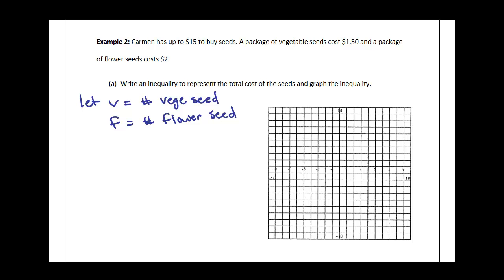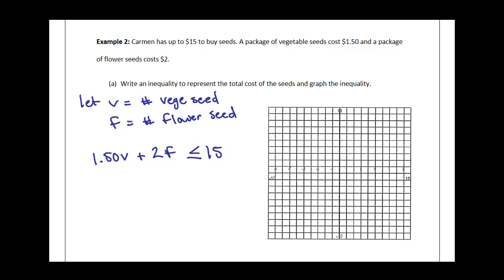It's saying we have up to $15 to buy seeds, so it has to be less than or equal to $15. And we have $1.50 per vegetable seed, and $2 per flower seed, so 2F.